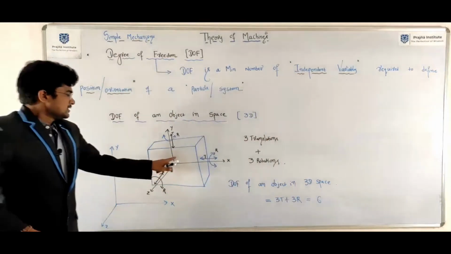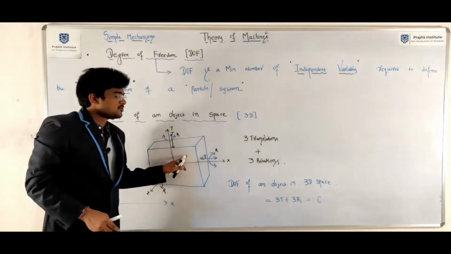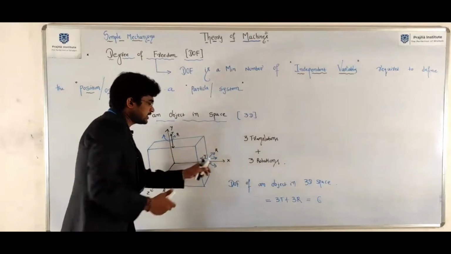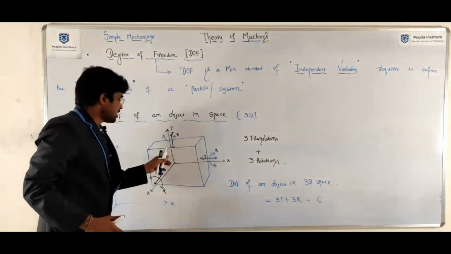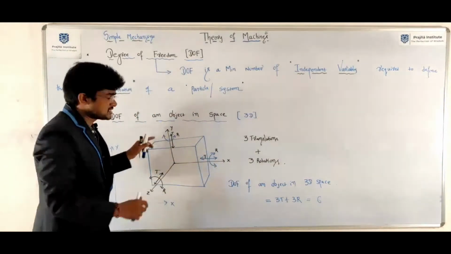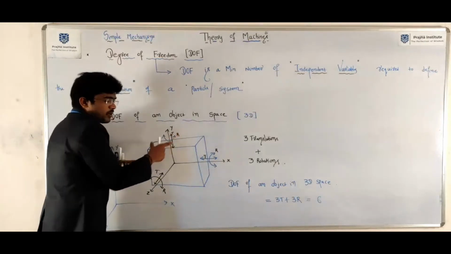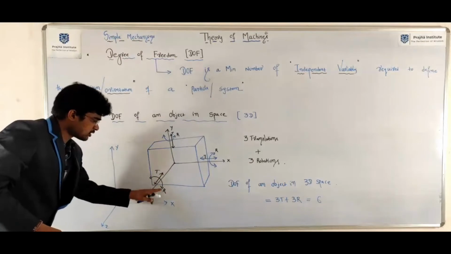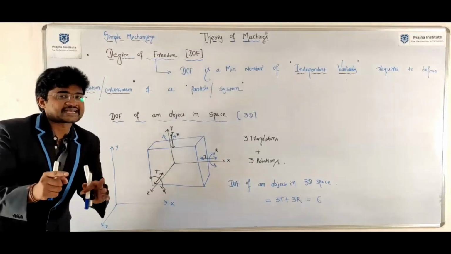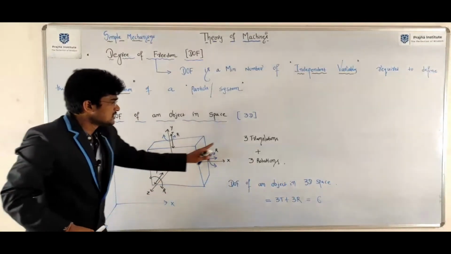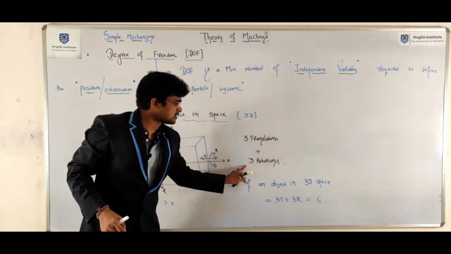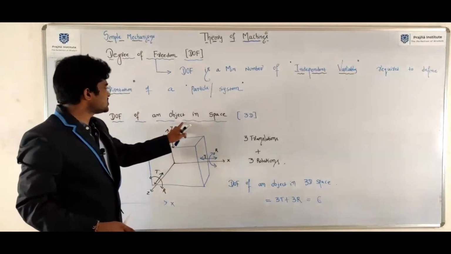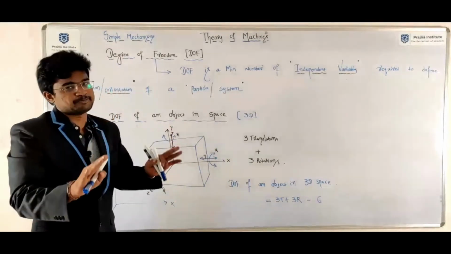The object is free to translate along the x-axis, free to rotate about the x-axis, free to translate along the y-axis, free to rotate about the y-axis. Similarly, translation along the z-axis and rotation about the z-axis. Total 3 translations and 3 rotations are possible for an object in 3D space.